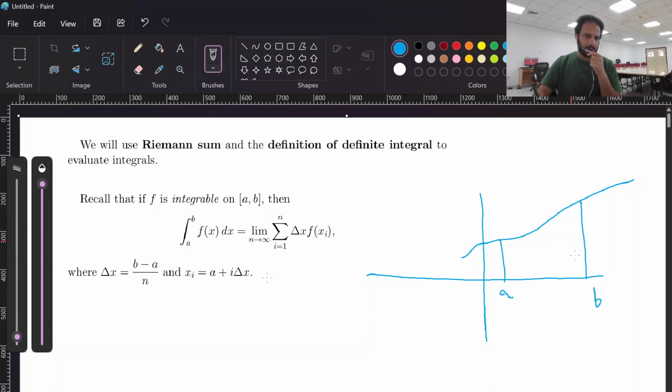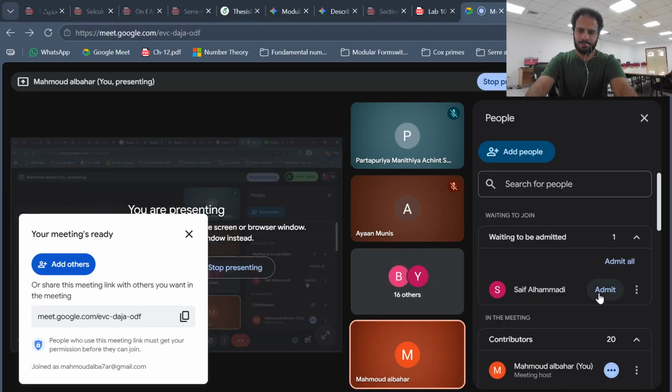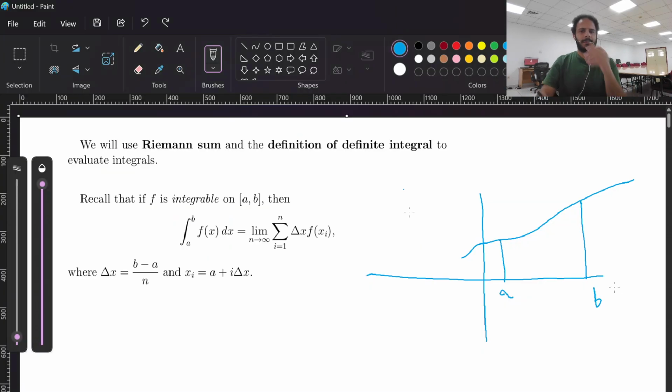We don't have an area formula for this. So what can I do? I can divide it into rectangles, right? Yes, let's continue.